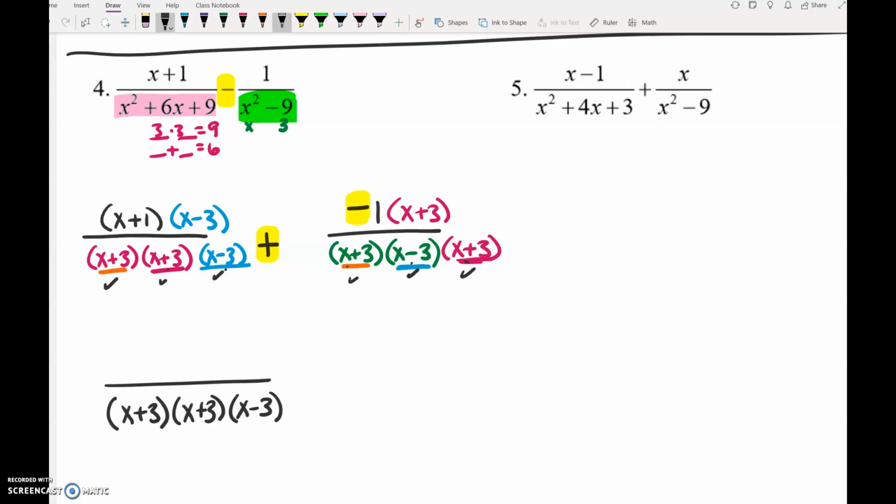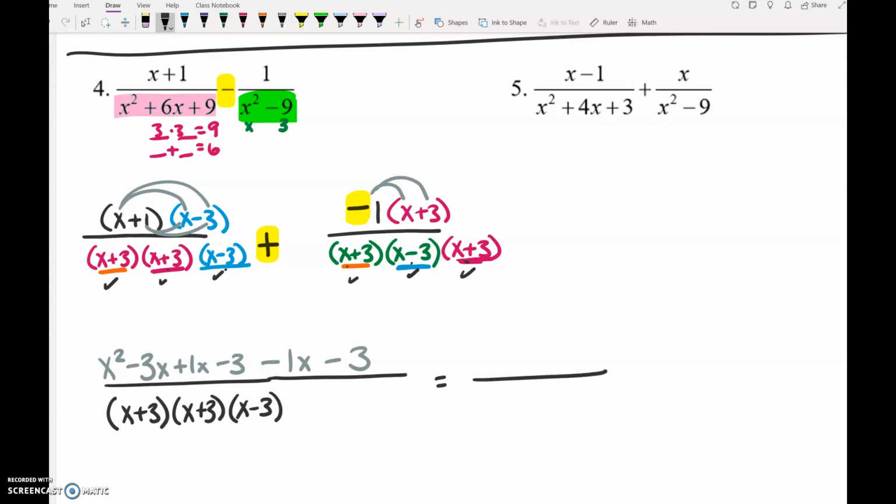In our numerator, we need to double distribute and simplify. So x times x is x squared. X times negative 3 is negative 3x. We've got 1x and negative 3. Looks like I need to extend this because then I have to do negative 1 times x and negative 1 times 3.